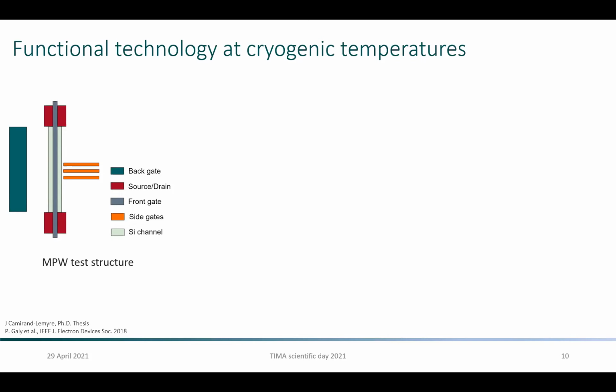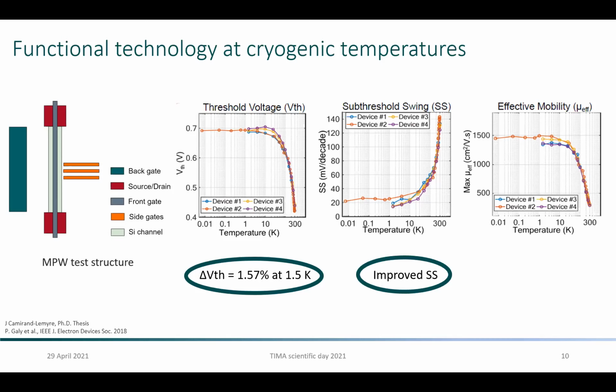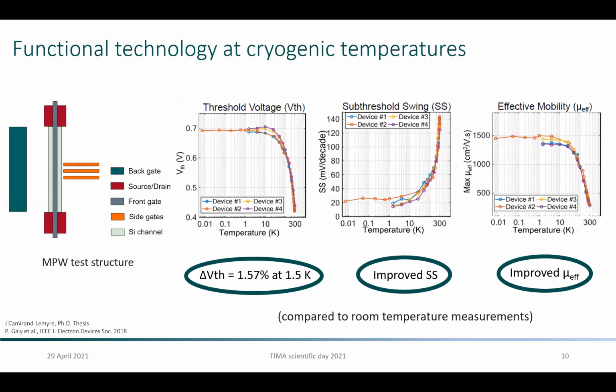Reproducible key parameters were demonstrated, such as voltage threshold with a small variation, also compared to room temperature measurements. Carrier mobility and subthreshold swing appear to be improved at 1.5 Kelvin.